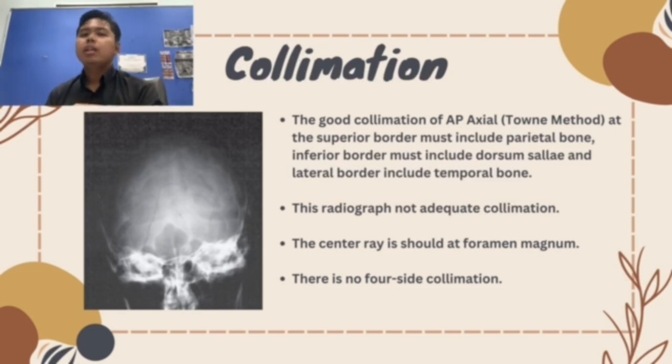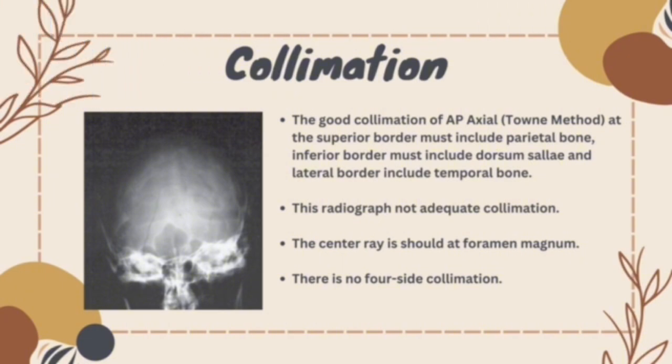Other than that, in this radiograph, there is no focus border of collimation. And as I said earlier, for this radiograph, the center ray is not aligned. The center ray of the epiaxial skull or Town method should be at the foramen magnum.